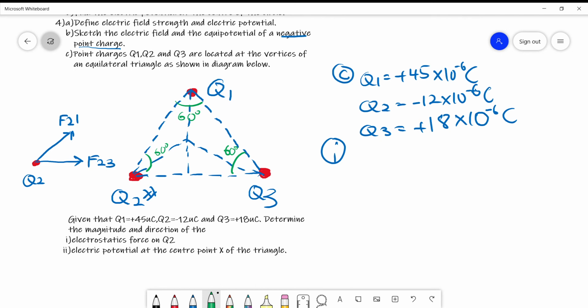Let me think about it. So this is F23, and this F23 is in horizontal form.